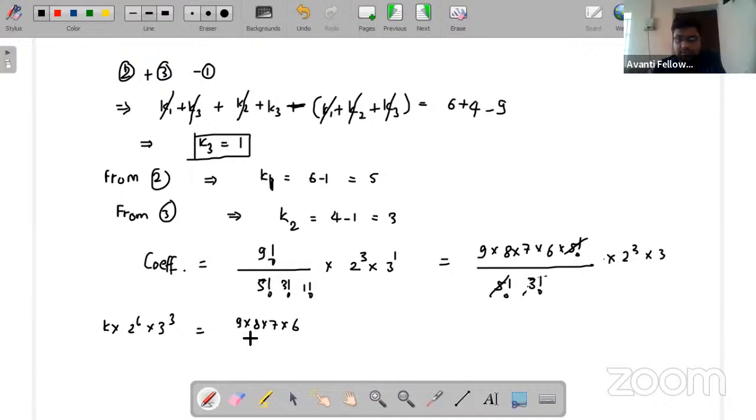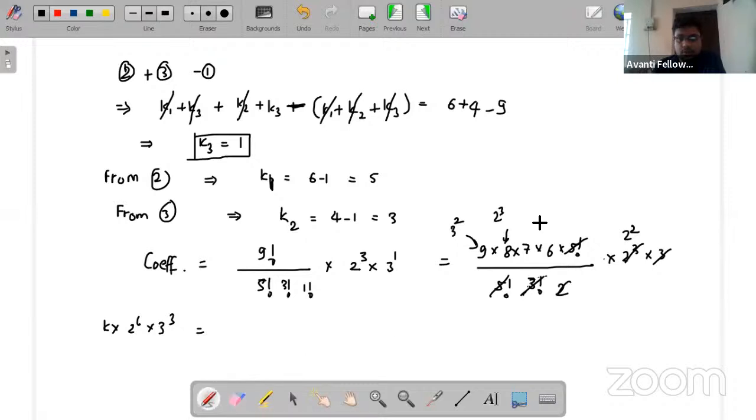So 5 factorial is cancelled. Now, okay, we can cancel this also. So this is 2 and this is 2 square. Okay, now here this 8 is 2 to the power 3. 9 is what? 3 square. Okay, 7 is there, so we'll write 7 only.